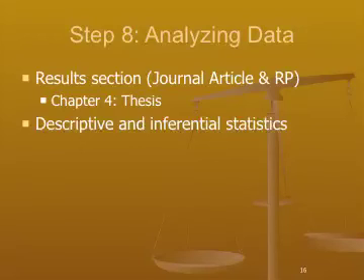Then step 8 is we finish the study. We have all this data. It can be numbers, it can be words, depending on what kind of study we're doing. It can be qualitative or quantitative, which we'll talk about later, the difference between those. There's all sorts of research methods out there, but for the purpose of this lecture, we'll have what's called a results section. This is for a journal article or a research paper, but for a thesis this is a whole chapter.